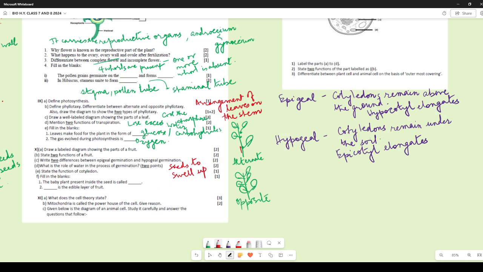And also it dissolves the food. So let me write over here, whatever food is present inside the seed, water dissolves the food so that the baby plant or the embryo can use it. Now, why does it dissolve the food?